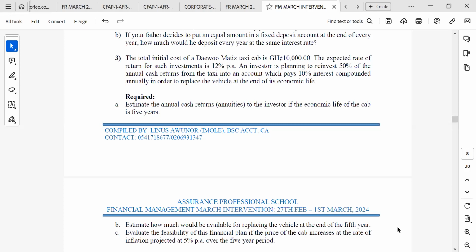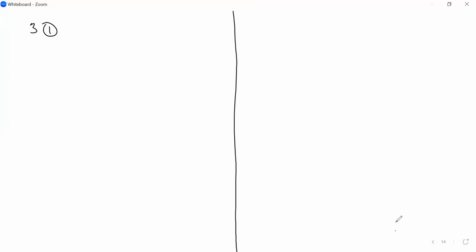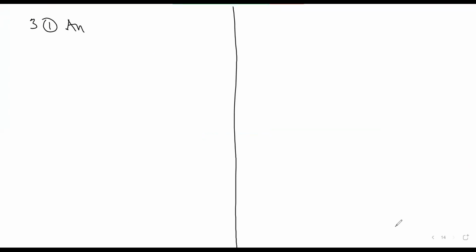So there's no multiplication by 5 here? No. If you are multiplying by 5, that is the total amount. Annuity means equal amount. That's all. So we have the annual cash returns: 0.12 multiplied by 10,000, and that will give us 1,200.